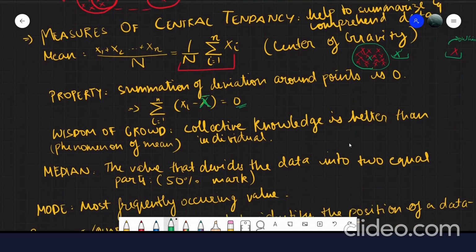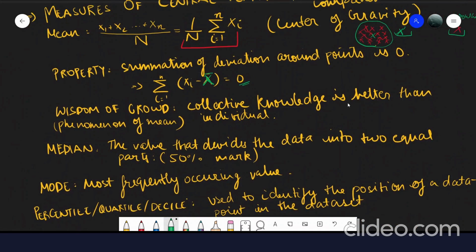And so now moving on from the mean, we have the median. Okay, so the median is the value that divides the data into two equal parts, at the 50% mark. So if I have data points x1, x2, x3, x4, x5, and these are sorted in ascending order, the median would be x3 because it's the data point that divides the data set into equal halves, right?